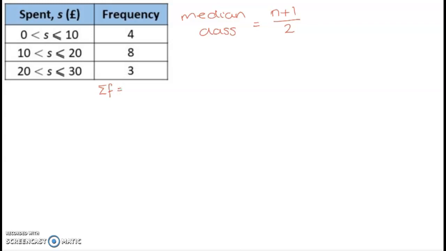To do that, I need to find the sum of f, the total frequency. So if I add 4 and 8 and 3, I get 15. Putting that into my formula, 15 plus 1 over 2 means my median is the 8th position.